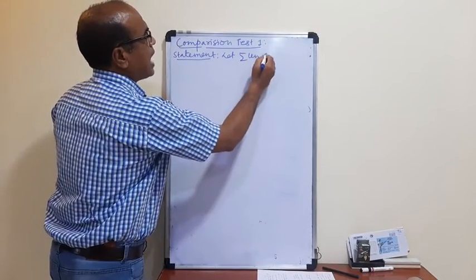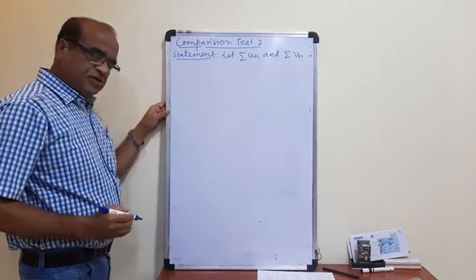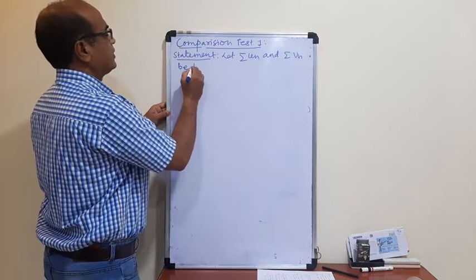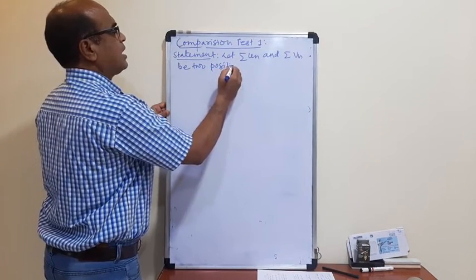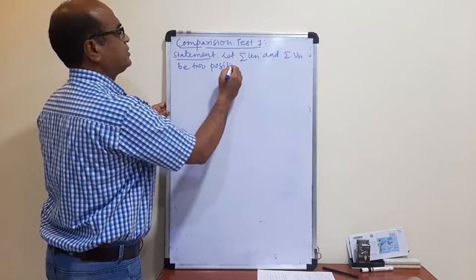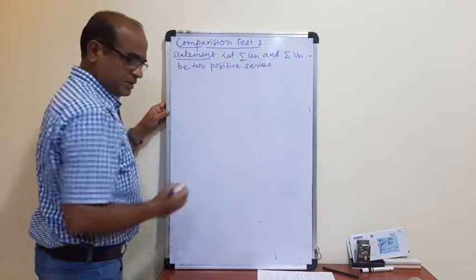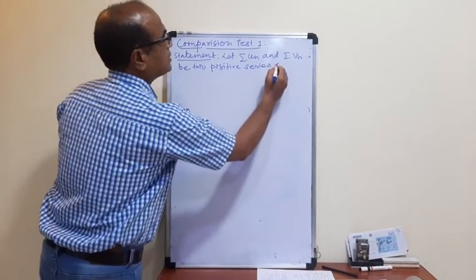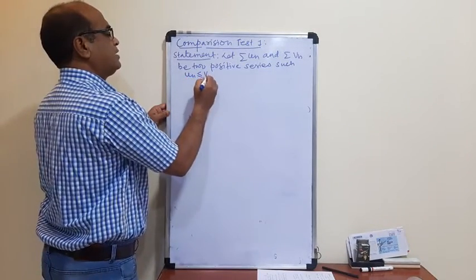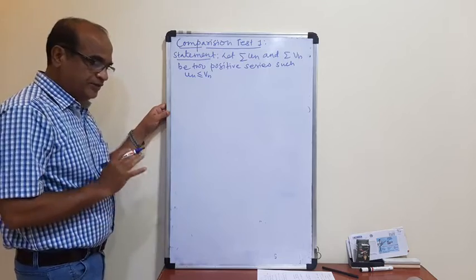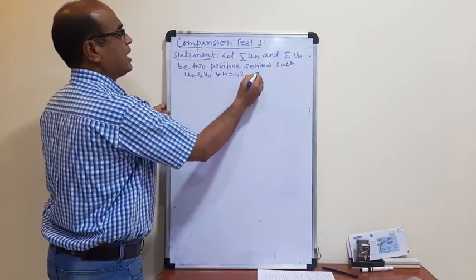Let summation un and summation vn be two positive series. Positive series means each term of the series is positive, greater than 0, by definition, such that un is less than or equal to vn for all n equal to 1, 2, 3 and so on.